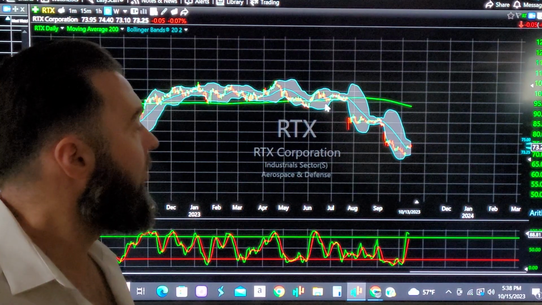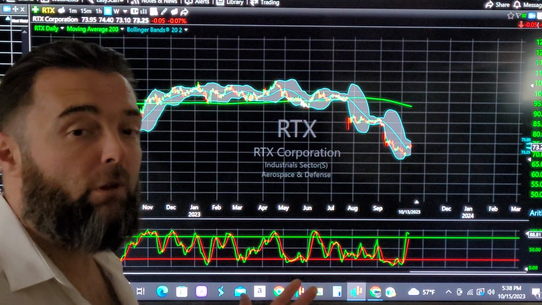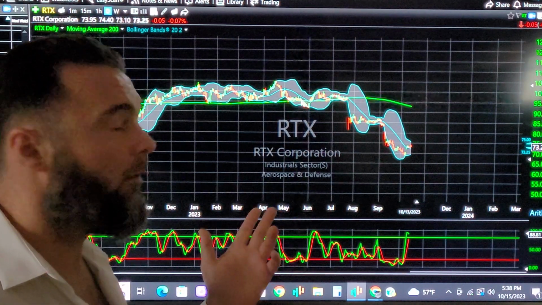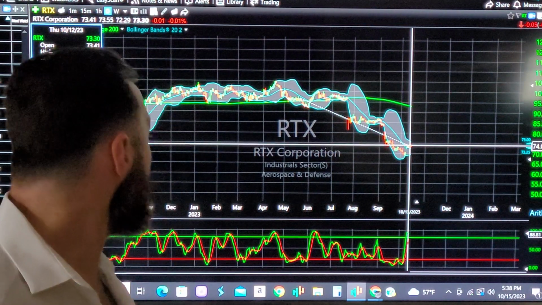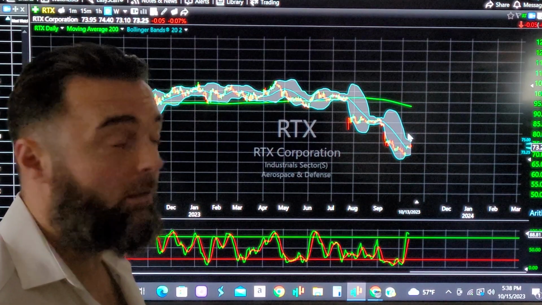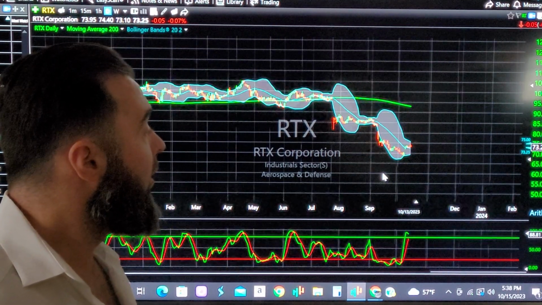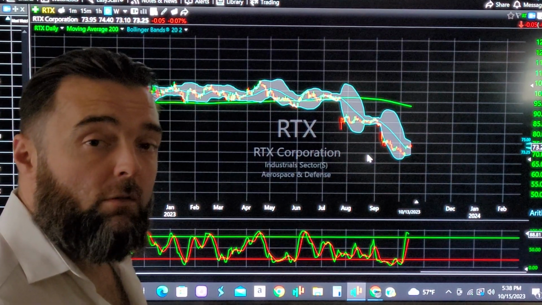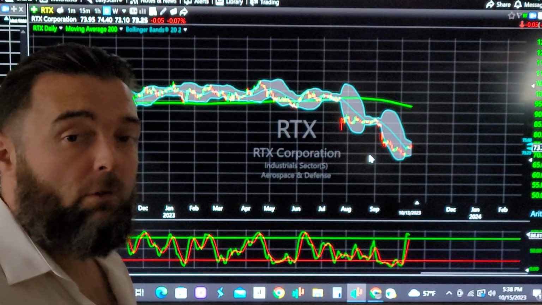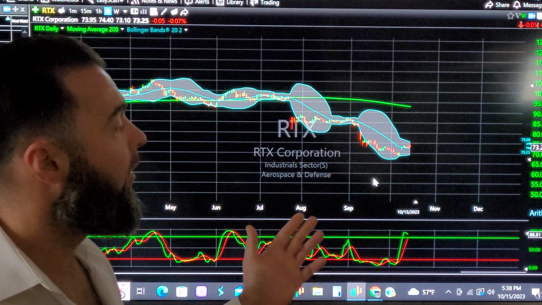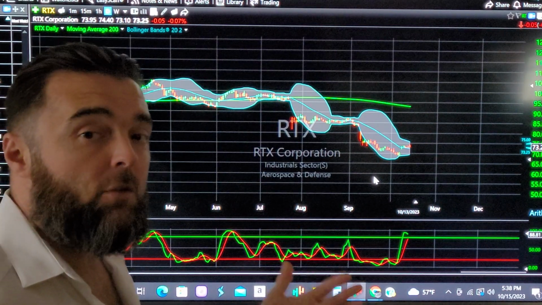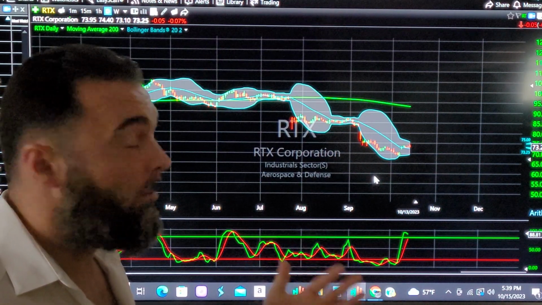Because if there was a lot of people that didn't know how to read these charts, holding on to this, and had no clue what I was talking about, their portfolio is down 28% since then, about 25% since then. Know how to read your charts, set you up a strategy that works, and keep it simple. Guys, that's really the KISS strategy. Keep it simple, stupid.